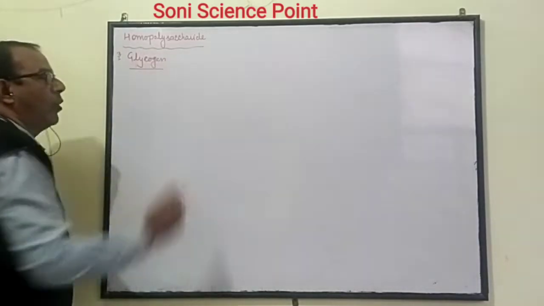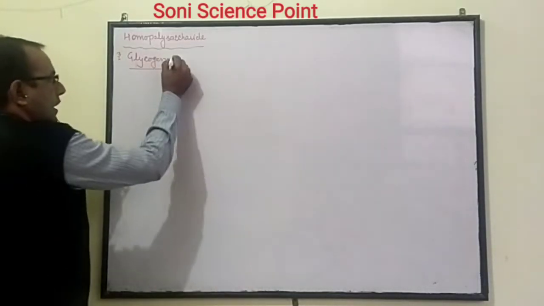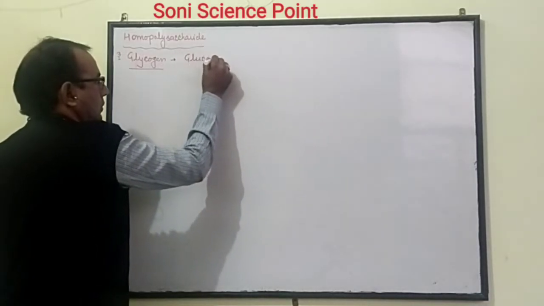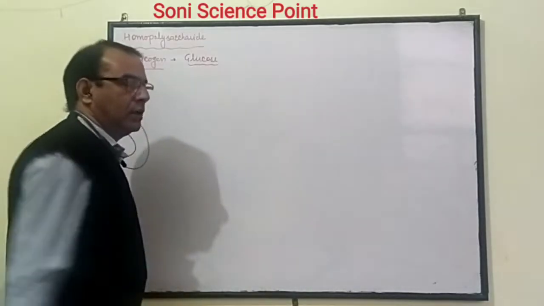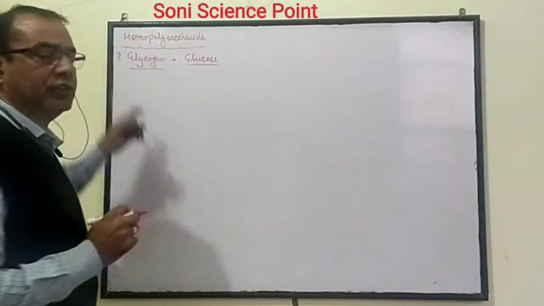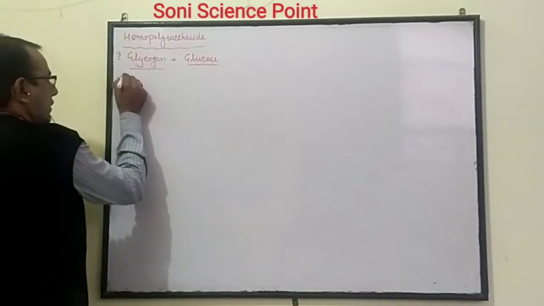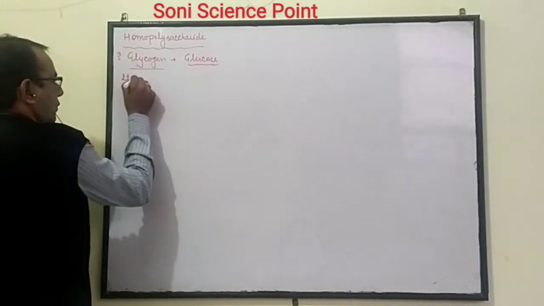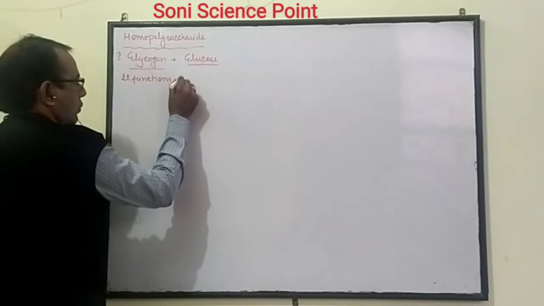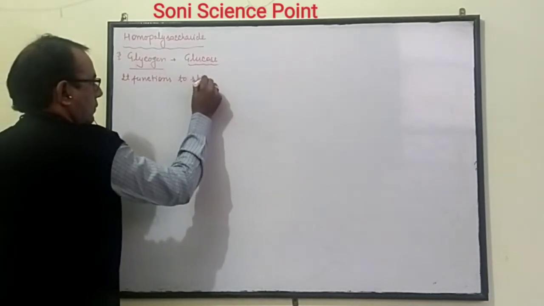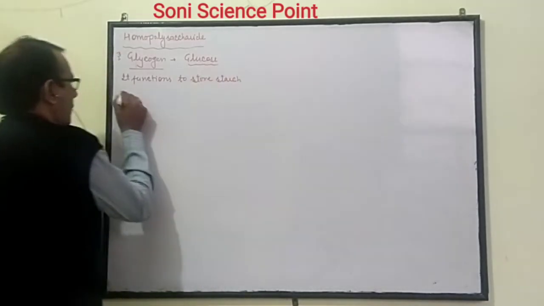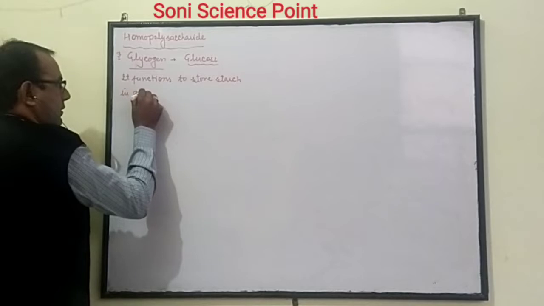Glycogen is also a homopolysaccharide which contains many units of glucose. Glycogen is the storage starch in animals. Its function is to store starch in animals.